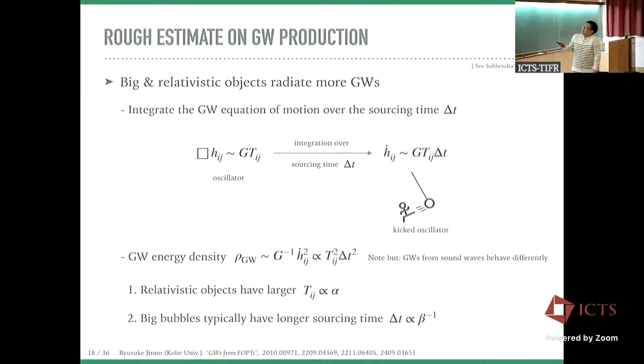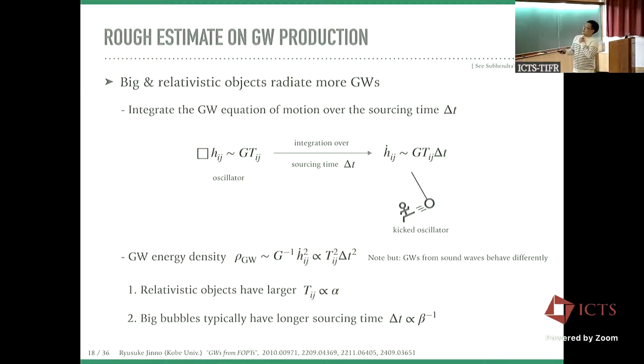Suppose the sourcing time is delta t. So naively, you will integrate this equation over the sourcing time delta t. And that's basically correct for bubble collision. So if you integrate over delta t, then what you get is h dot is G T_ij times delta t, the sourcing time. It's like a kicked oscillator.